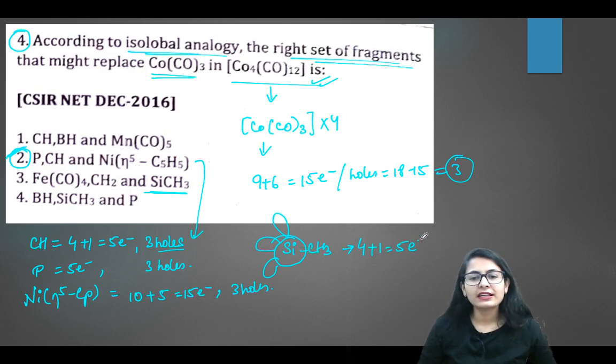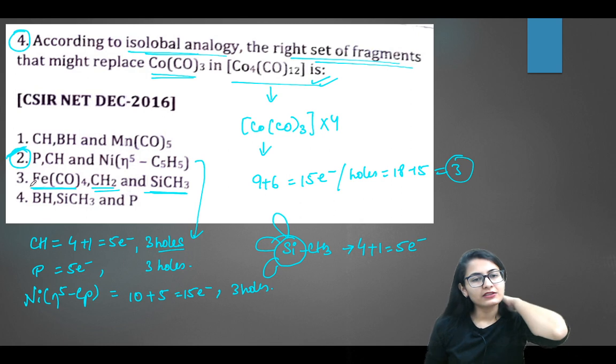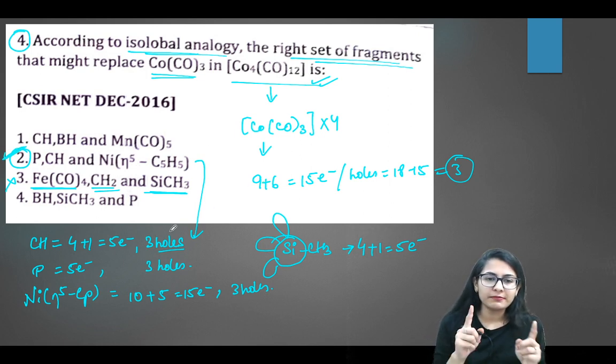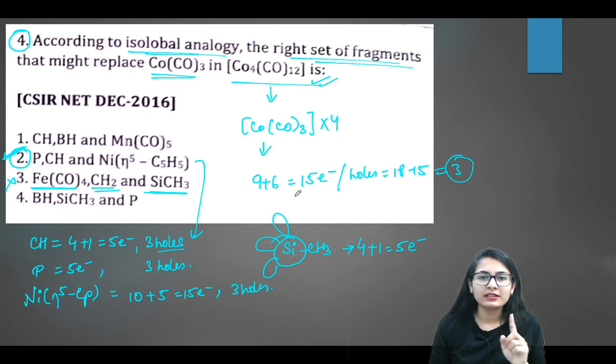So this again is equal to 5 electrons total. Alright, but the other ones are not corresponding to 5 electrons, or let's say 3 holes, and that is why option 3 is incorrect. Okay, so yes, you will be able to check out the other ones as well. For this question, the answer is option number 2. And yes, what do I mean by isolobal in this question?